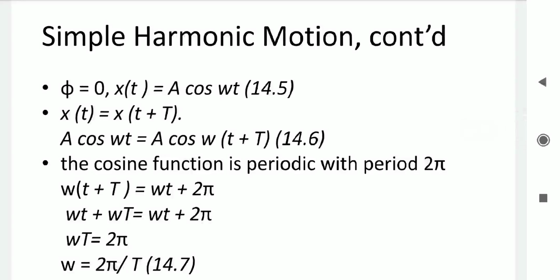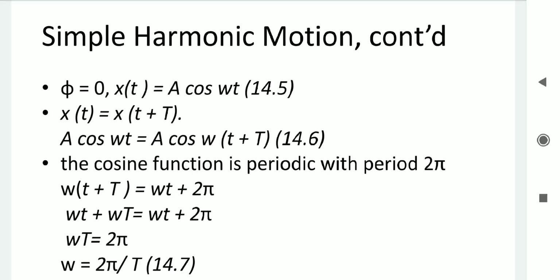While we are taking phi equal to 0, then x of t equal to A cos(omega t plus phi), in which we substitute phi as 0, then we get x of t equal to A cos omega t. This is the sinusoidal wave. Now we know that after completing a time period T, the same function will be repeated.